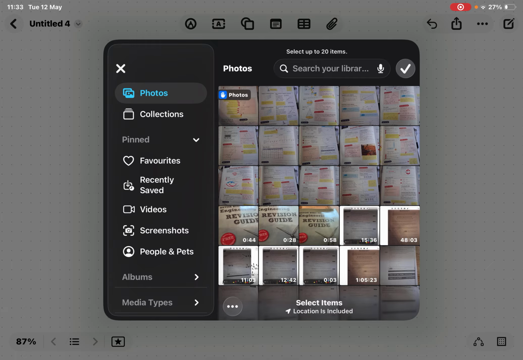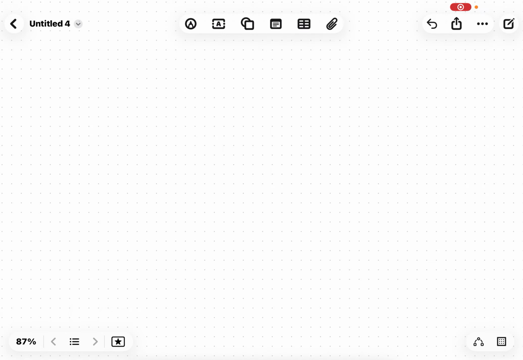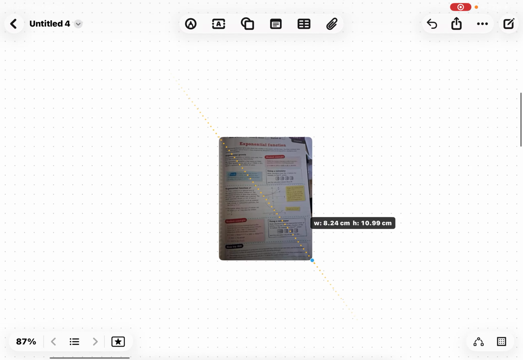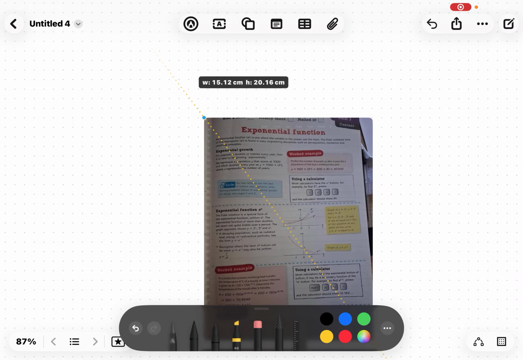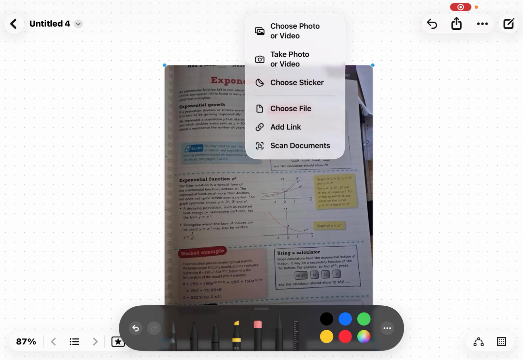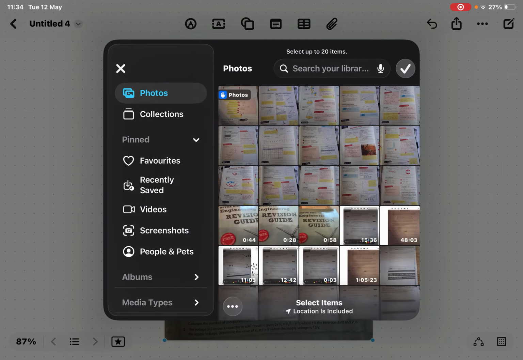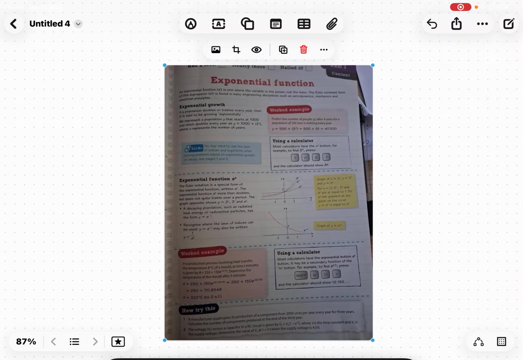Photos. Wait, is it this one that's after? Yeah, it should be. Let me check. Oh, actually, it's strange.